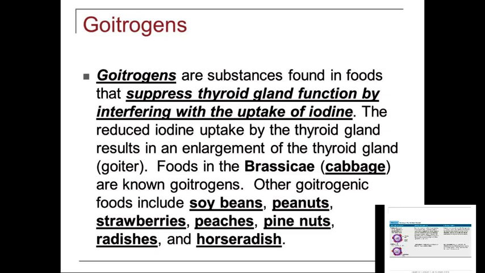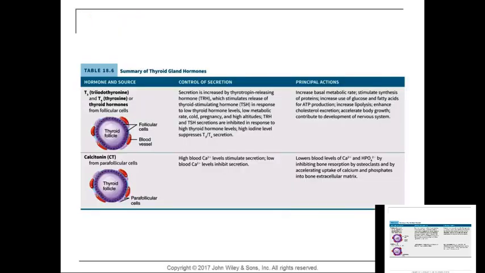Here's your T3 and T4, showing the thyroid follicle, with the follicular cells that are responsible for making them. And then you've got the parafollicular cells down below producing calcitonin. And again, it tells you their primary function. Very important to know them. Remember, calcitonin and PTH, parathyroid hormone, work synergistically to regulate serum calcium, but they do it in opposite ways.